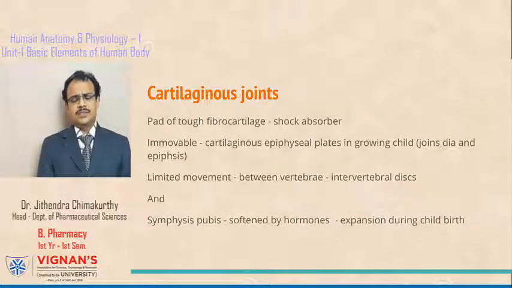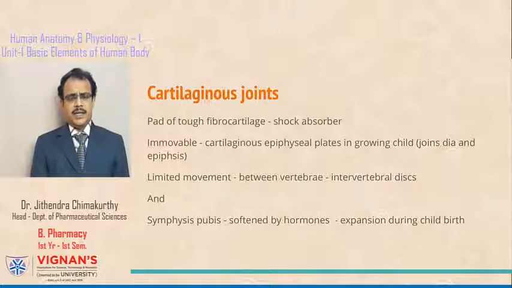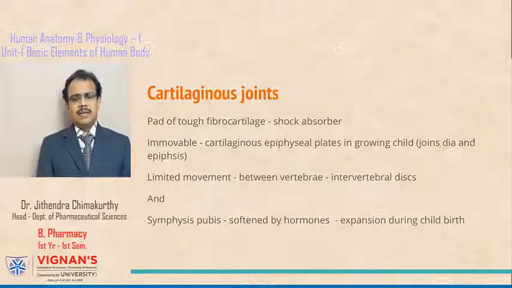These cartilaginous joints in general are necessary for absorbing the shock, and they also produce some extent of cushion. An example of these cartilaginous joints is that the vertebrae of the vertebral column are joined with each other by a cartilaginous joint.